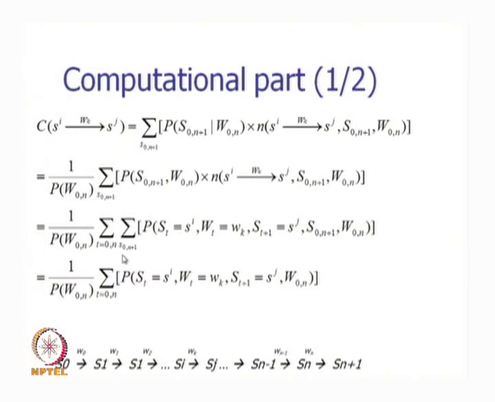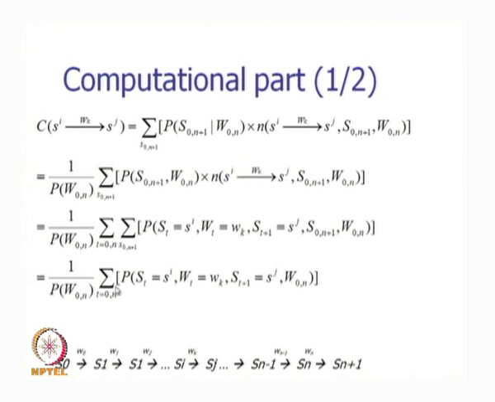Now, what we can do is that since S_0 to n+1 is present here as a joint probability expression, and since there is a sum over all possible state sequences, this particular variable can be dropped by the law of marginalization.